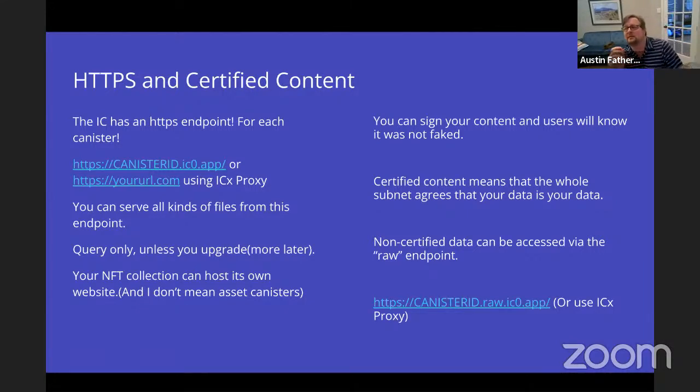You can, as of a couple weeks ago, I think, do an upgrade request. So what that means is you request the GET, and then your server can say, hey, I actually need this to be an update request, and the ICX proxy will revert right back and tell you, okay, here's the update request, and now you can change state.